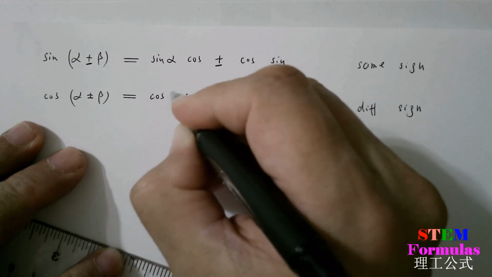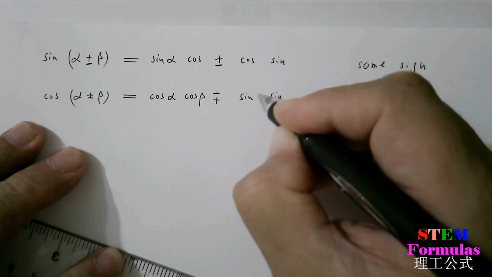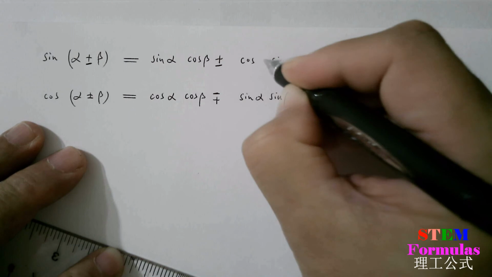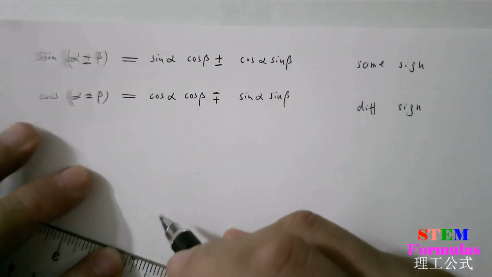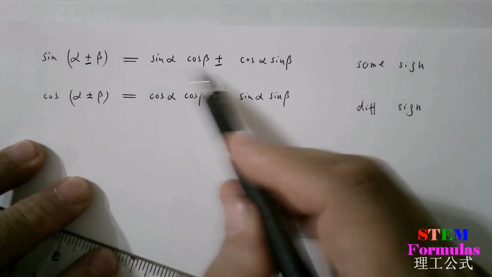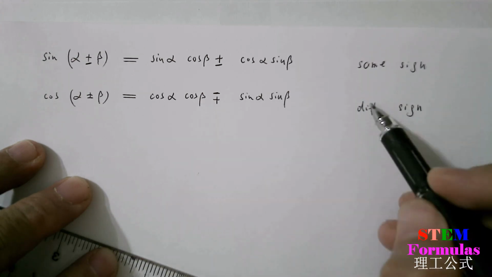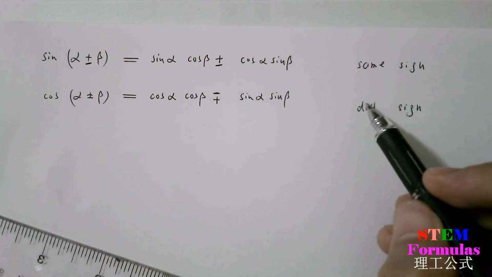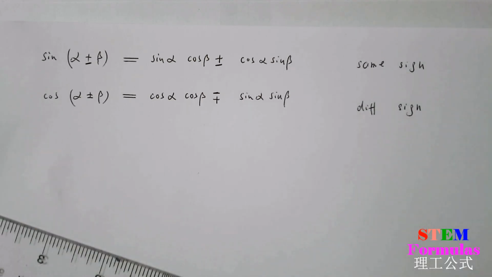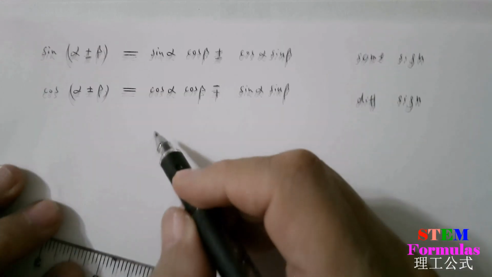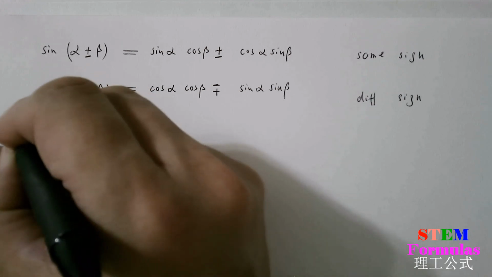So here's alpha, beta, and alpha, beta. So sine, cosine, same sign. Cosine, different sign. For this problem, we can have this formula. We have the following example.